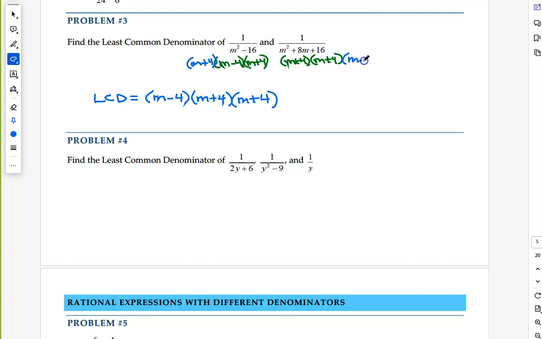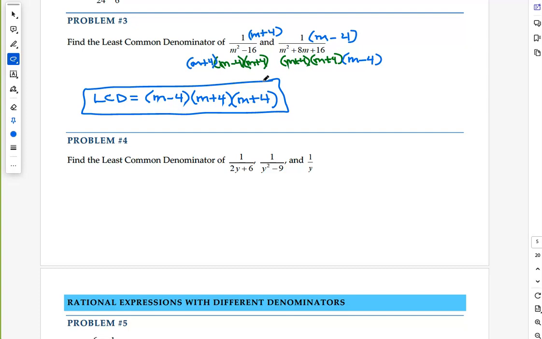Yeah, m minus 4. All right, and then I can see I have exactly the same thing there. If I was adding and subtracting, I would make sure that whatever I multiplied by the bottom, I also multiply by the top. But on this one, it's not asking you to add them together. It's just asking to find the least common denominator.